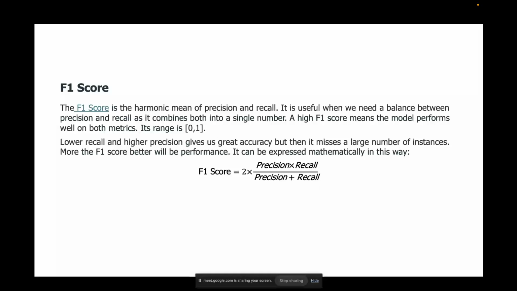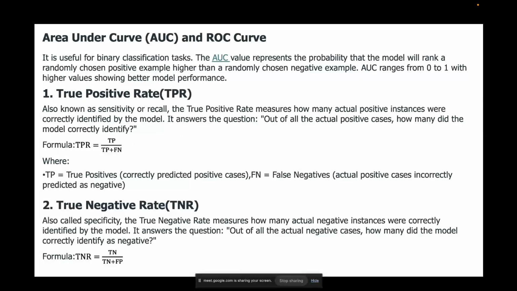So if you want to combine precision and recall into a single number, this is the one. A high F1 score means the model performs well on both precision and recall. So ideally you do not calculate precision and recall separately, you just calculate the F1 score, and if your F1 score is high, your model is working well.